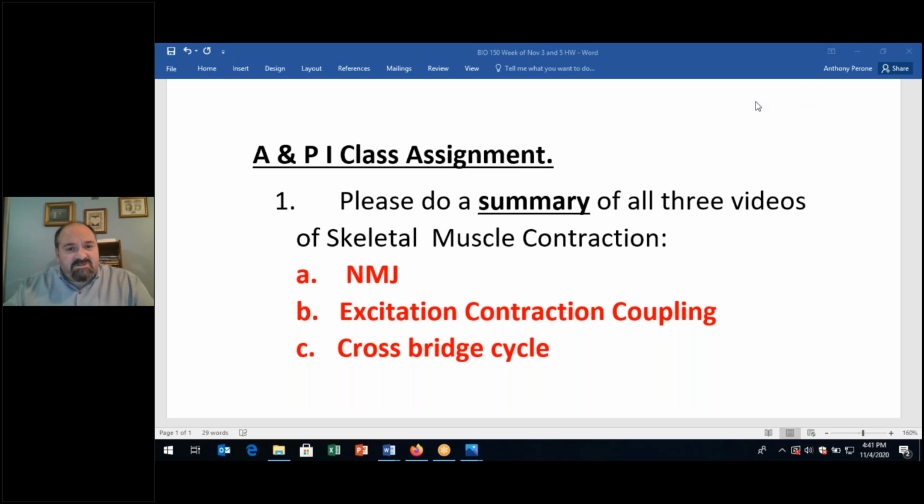So test number 3 will be on the skeletal system and the articulations and the joints. Let me write that on here also.